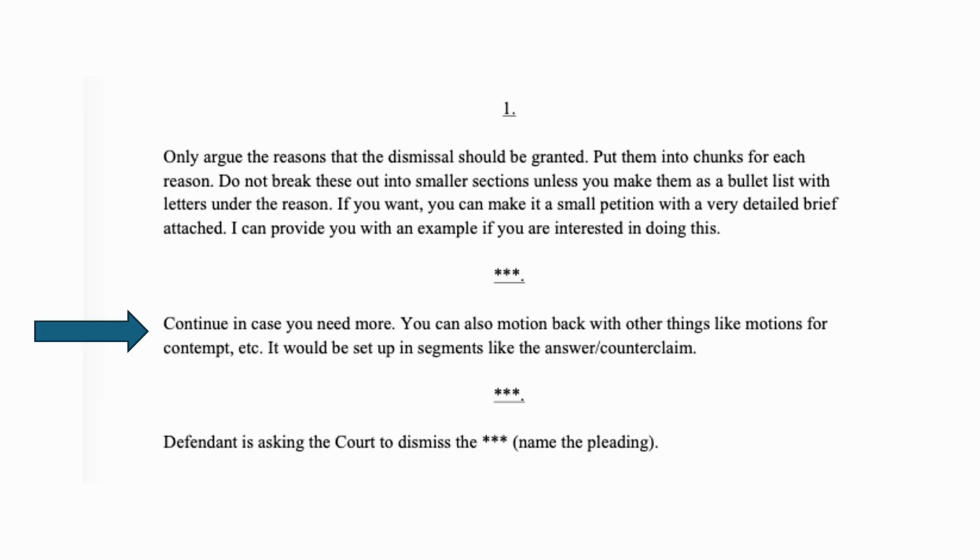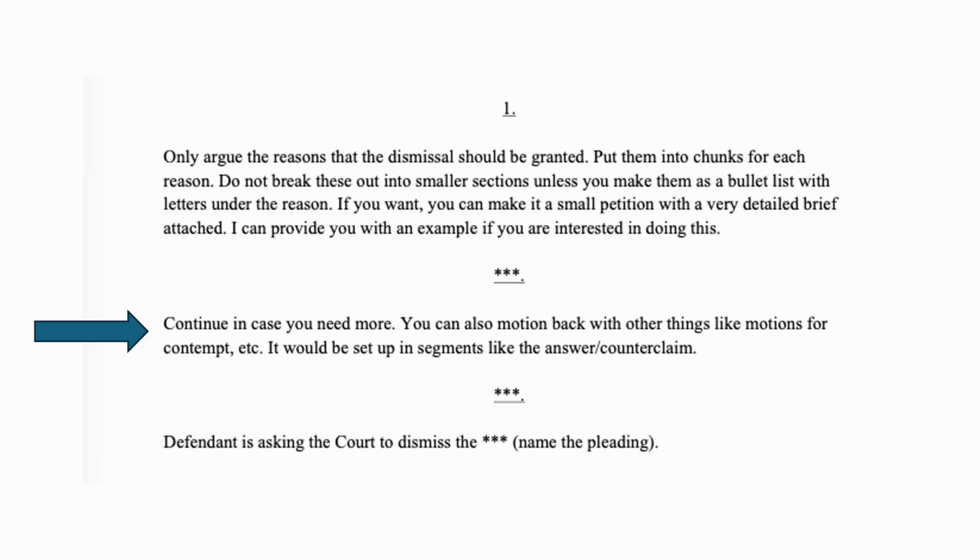Now, I have one thing that I want to note right here on this one. It says that you can also motion back with other things like motions for contempt, things like that. And you would set it up in segments. If you remember the answer counterclaim part, it had like answer, and it was done in bold and underlined and centered and all that. And then it went into all that information. And then it had the counterclaim, same setup, and then it went into that information.